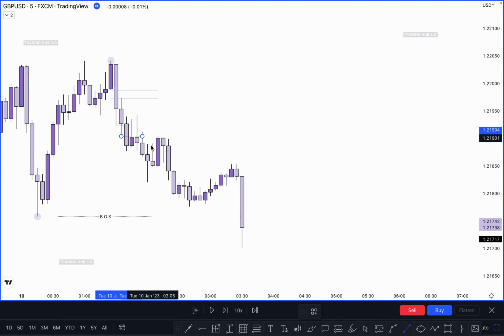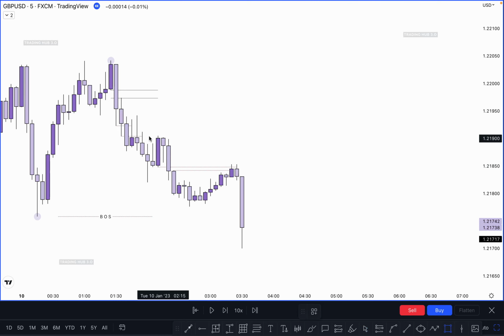In the next move, you can see the market completely pushing downside. At this point, this candle's low is here, and this candle's low is here, and the next third candle's high is here, which is already mitigated by this move. So we can't use this one as an imbalance.